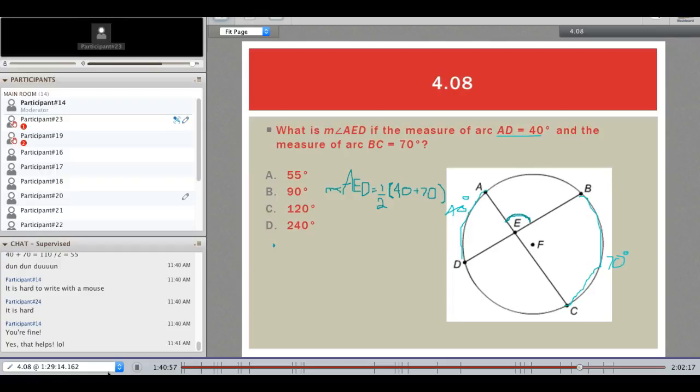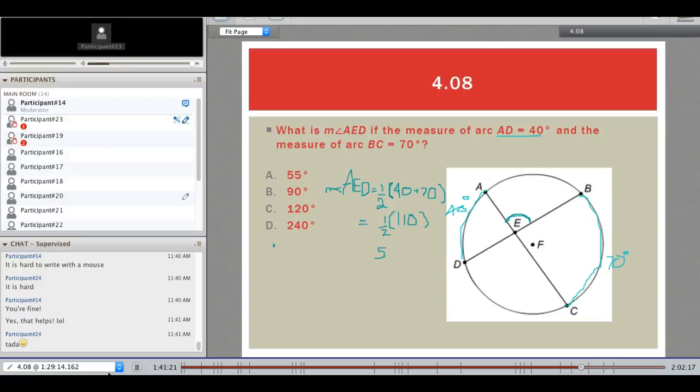And I'm going to add those two together. 40 plus 70 is 110. And so then all I have to do is multiply 1/2 by 110, which is the same as 110 divided by 2, like in the other formula. And I get 55.